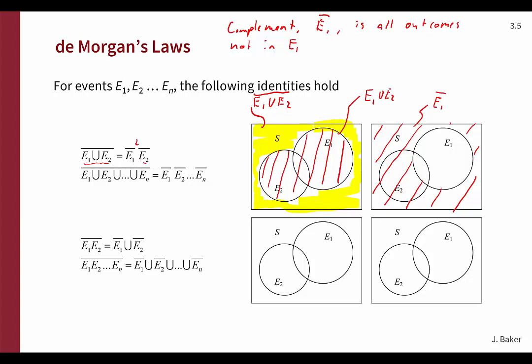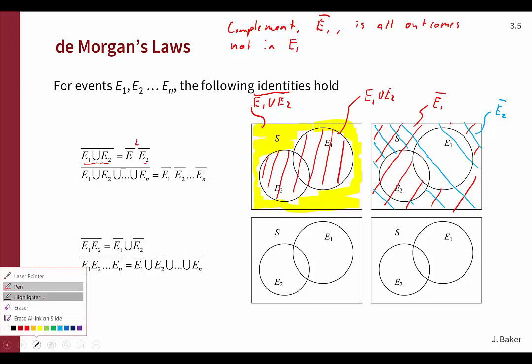Then next, we'll do the complement of E2, so everything not in E2. And then when we take the intersection of those two complements, that will give us the thing we're interested in.